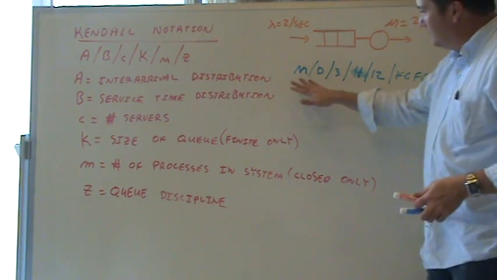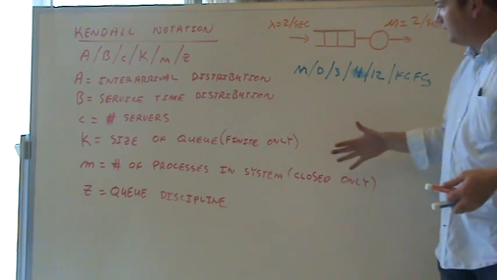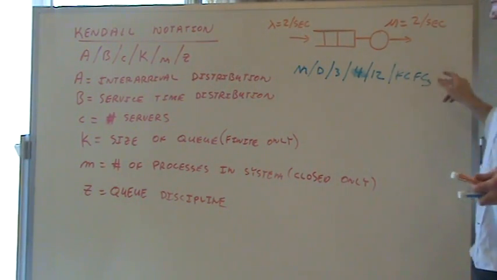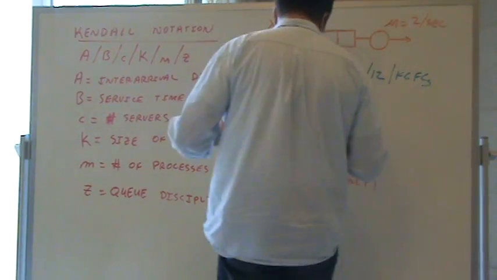So if you saw this and you were told there's a queue that has M D 3, 4, 12, first come, first serve, what that would mean is this.